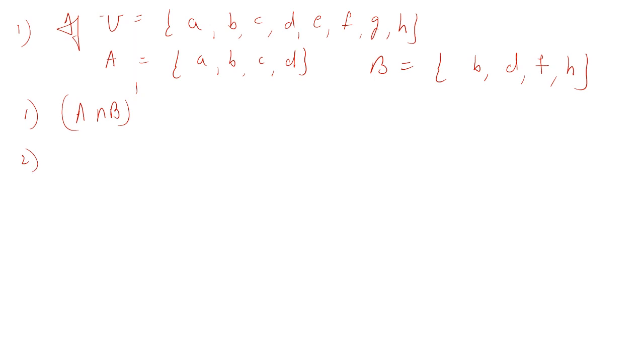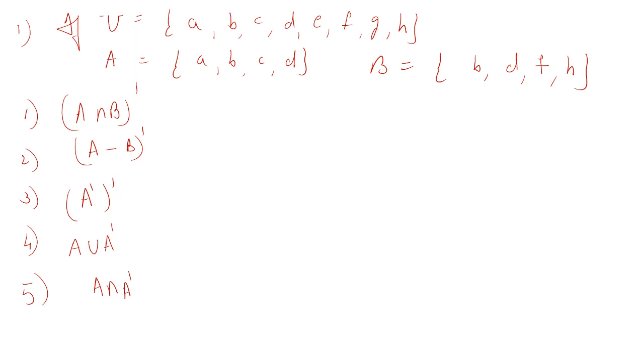Second, A minus B whole complement. Third, A complement whole complement. Fourth, find A union A complement. And fifth one is A intersection A complement.